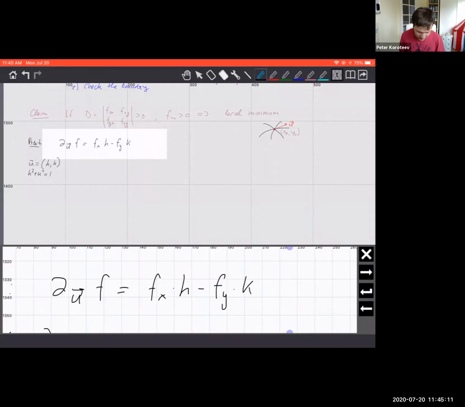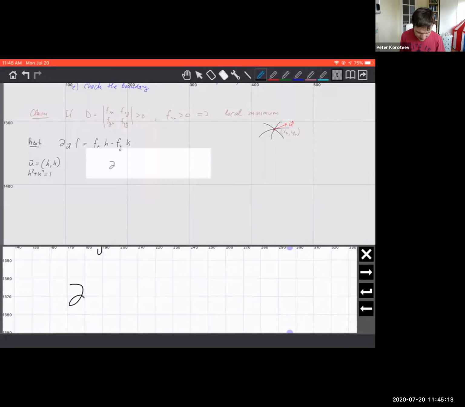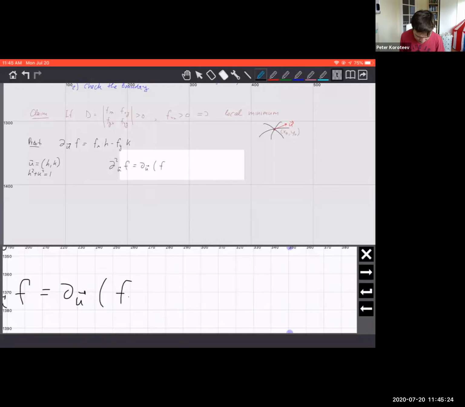And now let's calculate the second derivative. So we apply the derivative twice, right? So d2u of f is du of the thing before, so it's fx times h plus fy times k.